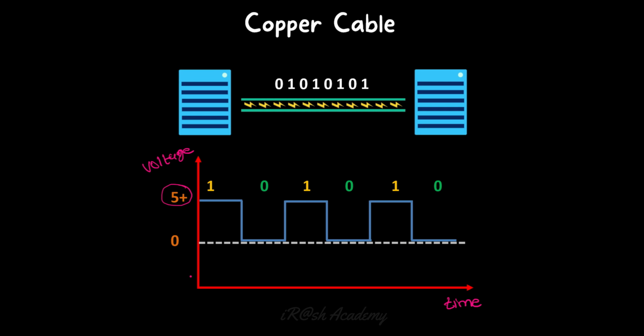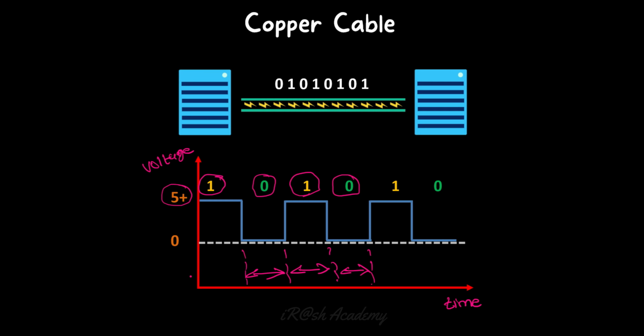In this graph we can see at a specific interval the voltage is 5 volts, which denotes the number 1, and at some other point the voltage is 0, which denotes the number 0. Again in another time interval the voltage is 5, so that denotes 1. In the next interval the voltage is 0, that denotes 0.